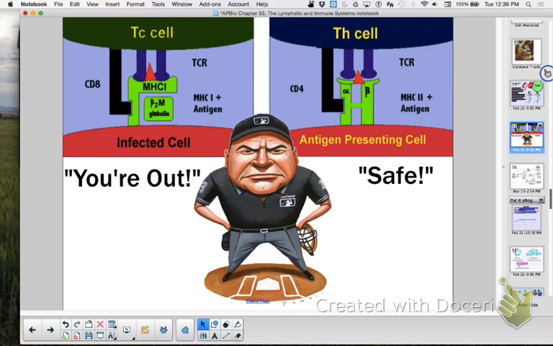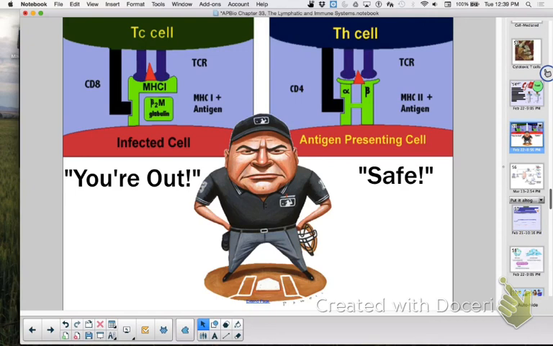All right. MHC1, MHC2. Almost all of your body cells have MHC1s. The only ones that have MHC2s are B cells, dendritic cells, and macrophages. Everybody else, even T cells, has MHC1s. If they are displaying that virus or pathogen on your MHC1, you are done.